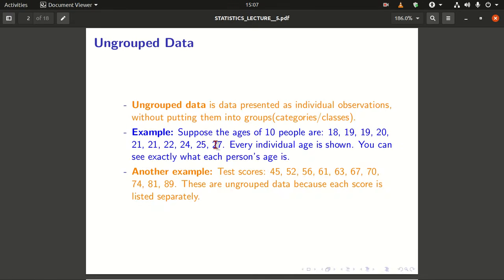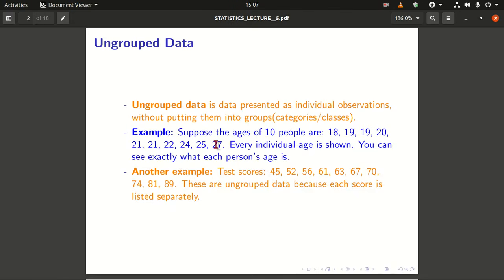Versus when someone says how many people are between the age of 18 and 19, that is not ungrouped, because now you are not listing everything.